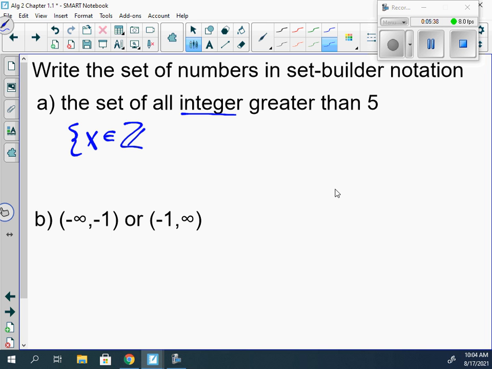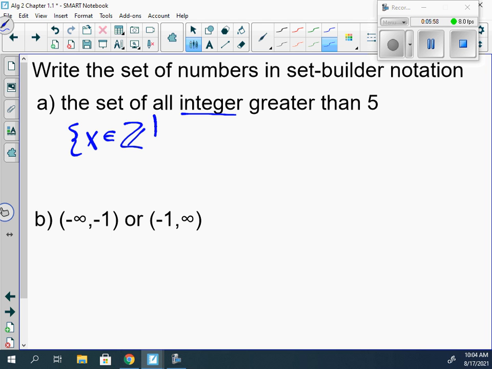So we can read it one of two ways. We're either saying x is an integer or x is an element of the integers. So in the group of integers, positive and negative, we're saying x is one of them. X is one of the numbers in the group that we call integers.